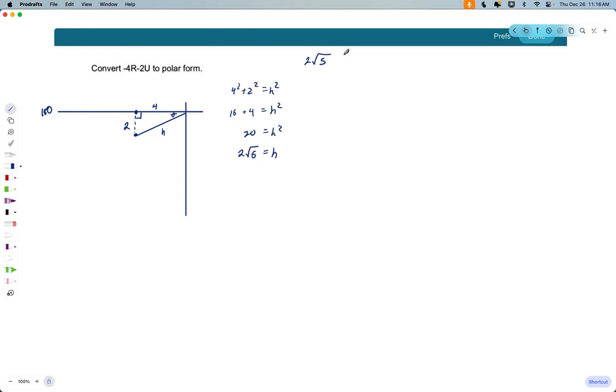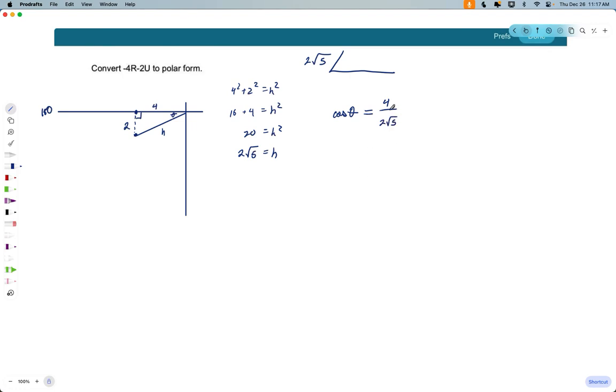All right, and then what goes in this blank is going to be the degree of theta, whatever this vector is here. So let's use cosine. So cosine of theta is equal to adjacent, which is 4 over 2 times the square root of 5.